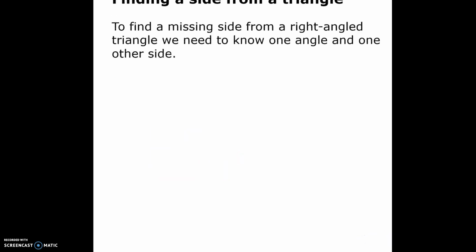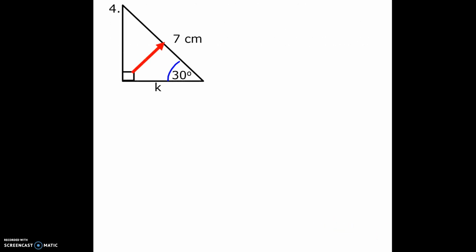All right, so next we're going to look at finding a side when we know the angle. Again, we're relating to the angle that we're given, but we're not going to use -1 because we're not looking for an angle. So we're given this angle 30. We're looking at how k relates to 30 and how 7 relates to 30. So k is adjacent and 7 is hypotenuse. Since we have adjacent and hypotenuse, we're going to use cosine, and we'll write it out.